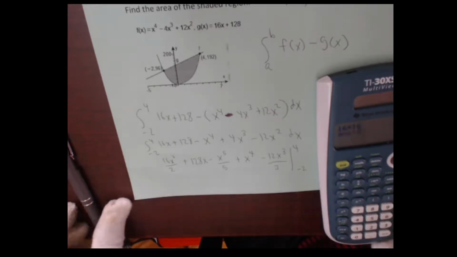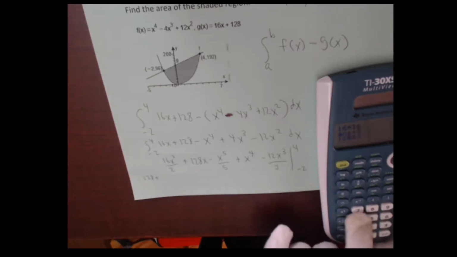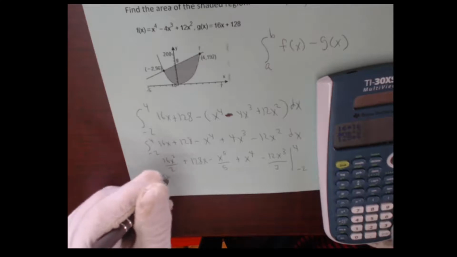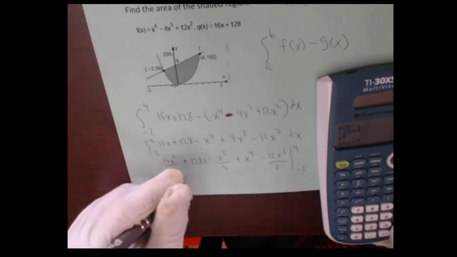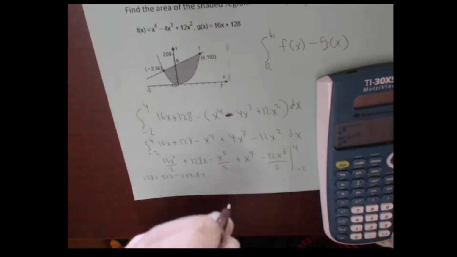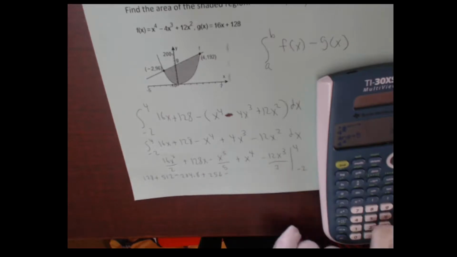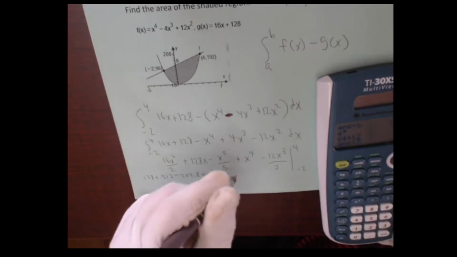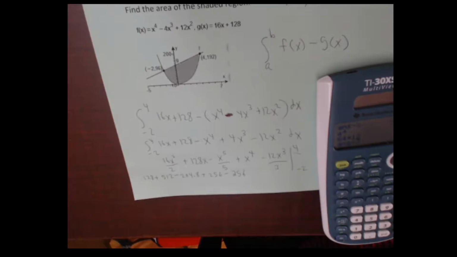Divided by 2 is 128, so it'll be 128 plus 128 times 4 is 512 minus 4 to the 5th divided by 5 is 204.8 plus 4 to the 4 is 256 minus 4 times 4 times 4 is 64, so 64 times 12 divided by 3. So those are all the values for evaluating for 4.